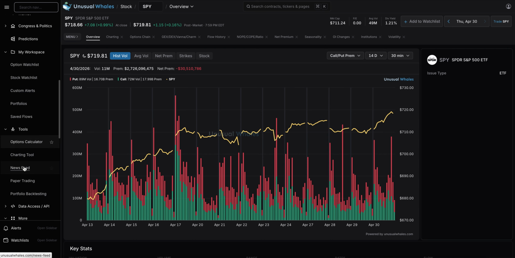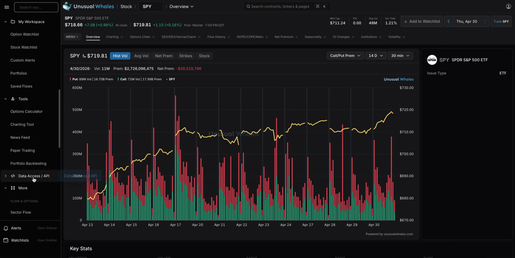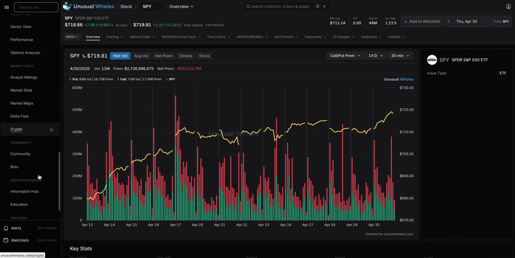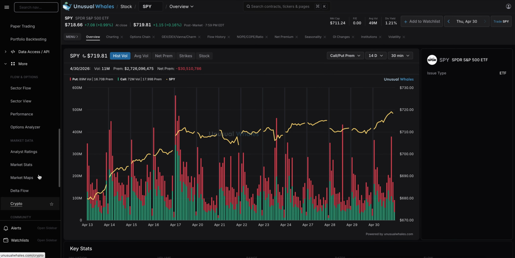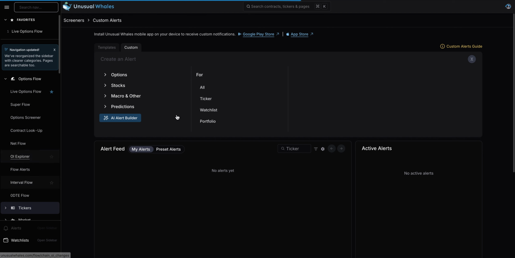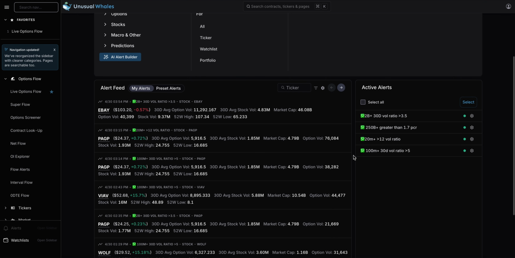So there's an API integration thing in here, data access API. And basically, you can go in here and they have AI alerts. And if you come up with a specific formula, like on my custom alerts, I've been using these for a while. I put in an alert for when a certain ticker goes above the 30-day volume ratio by 3.5.